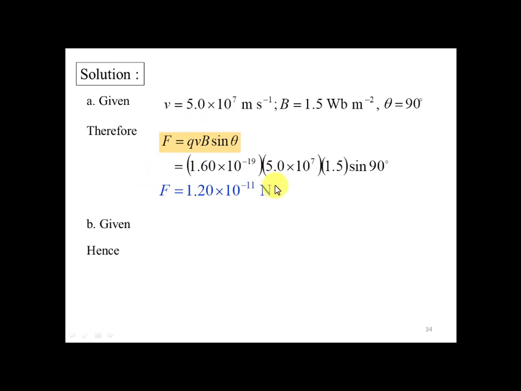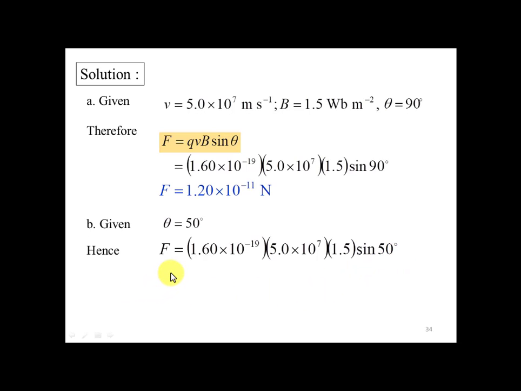Then for the next question, you are given theta equals 50 degrees. Just substitute into the formula F equals qvB sin theta. Q is the same value, v is still 5 times 10 to the power of 7, B for the magnetic field is 1.5, and the angle given is theta equals 50 degrees.